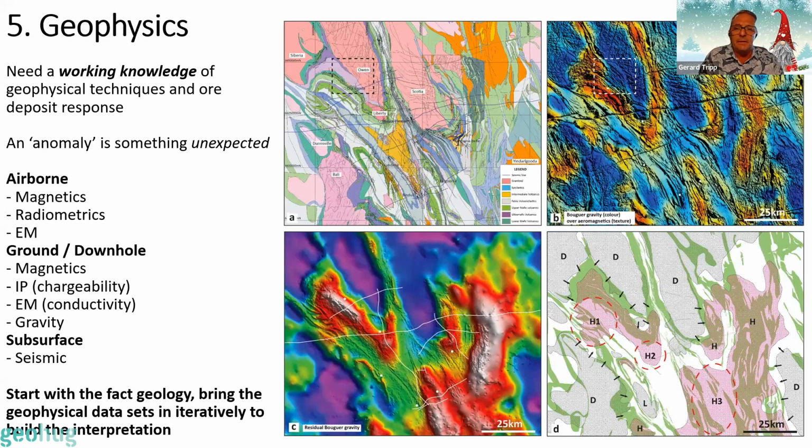That means that if you're working in greenstone orogenic veins, porphyry environments, VMS, just for example, then there are certain features that are going to be IP chargeability, EM conductivity, resistivity.